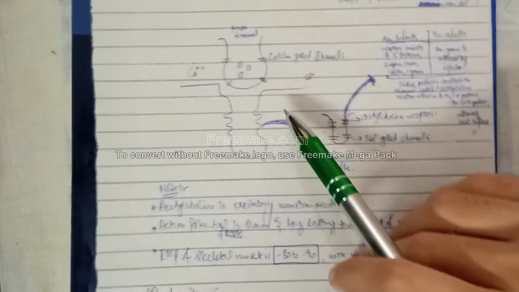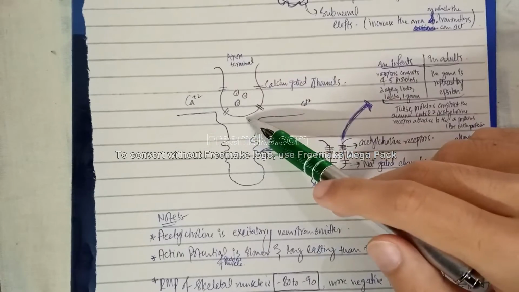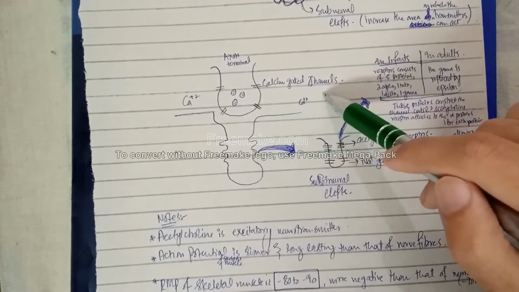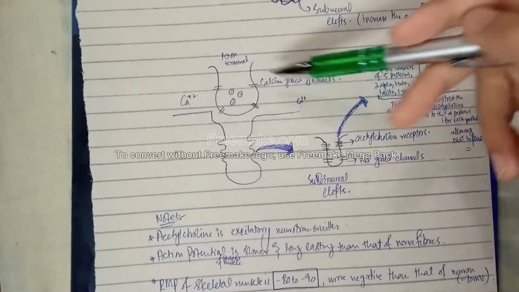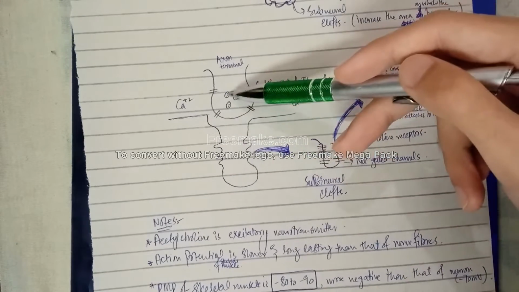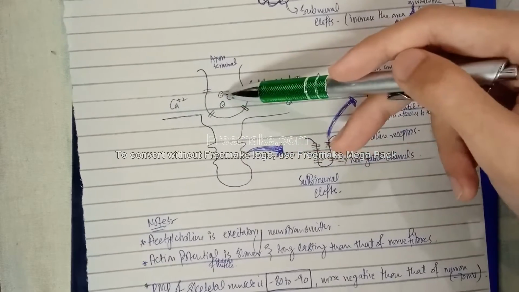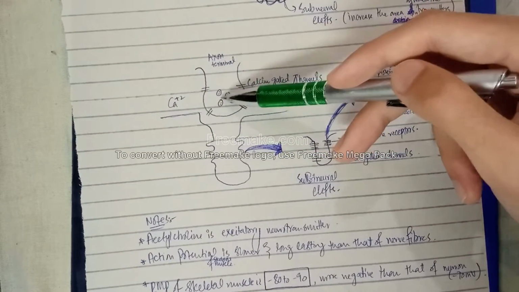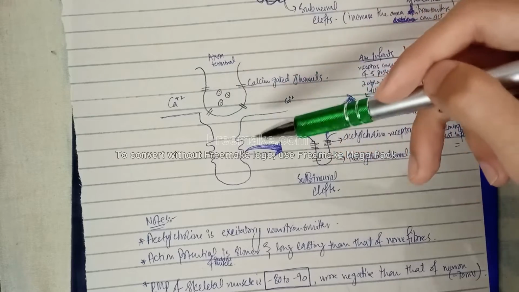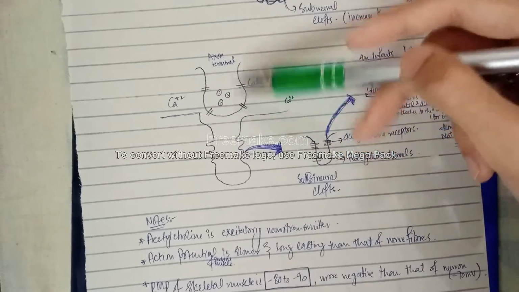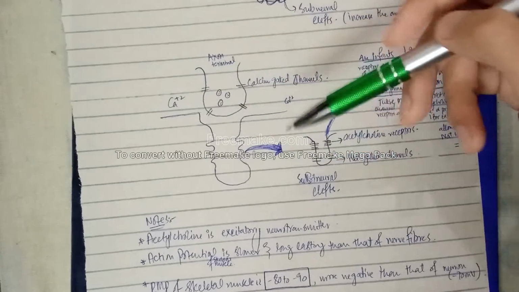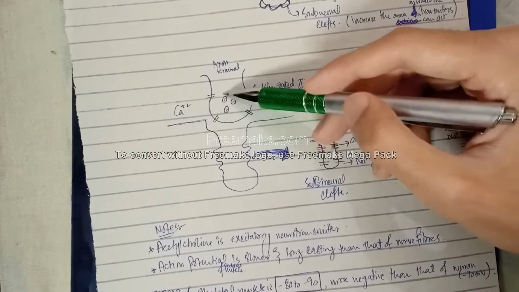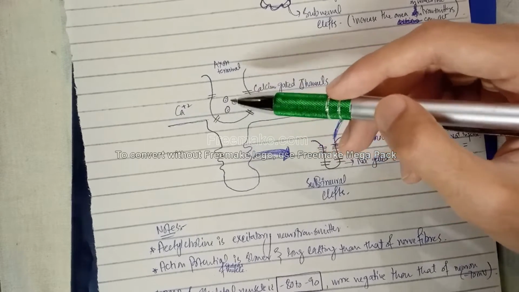Then it goes to the axon terminal, and in the axon terminal it opens calcium-gated channels, which leads to the influx of calcium ions into the axon. This calcium influx causes the activation of calcium-calmodulin dependent protein kinase, which in turn phosphorylates synapsin proteins, which bind these vesicles in their place.